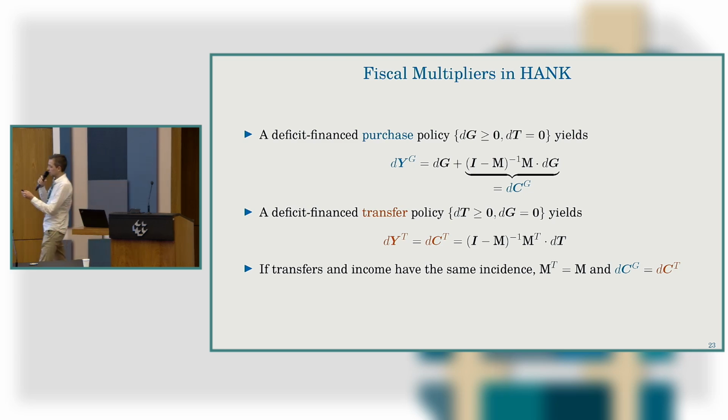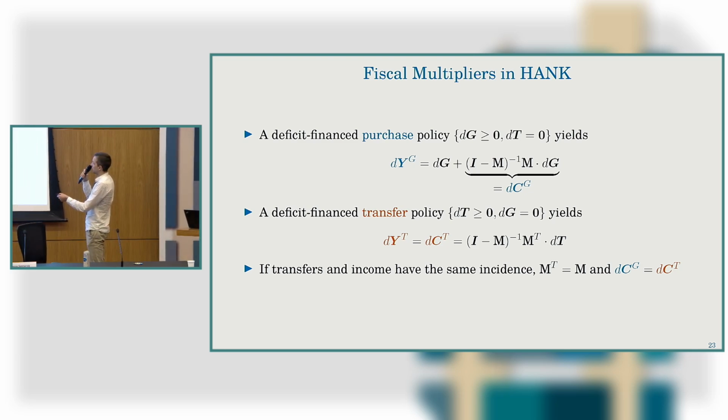So for our purposes, when you increase G, you're going to have an impact on output, and there is an impact on consumption too, that's going to depend on these intertemporal MPCs. When you increase T, you only increase output through consumption because G is constant.